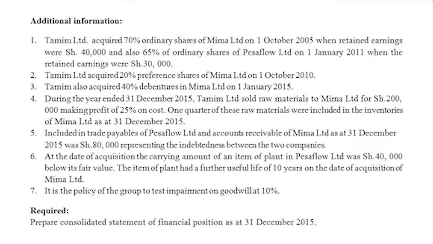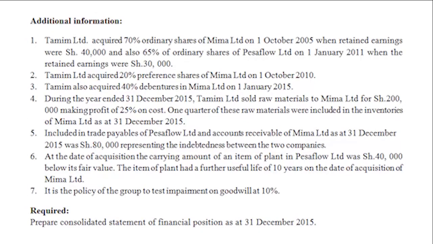Additional information. 1. Tamim Limited acquired 70% ordinary shares of Mima Limited on 1st October 2005, when the retained earnings was 40,000 shillings, and also 65% of ordinary shares of Pesaflow Limited on 1st January 2011, when the retained earnings was 30,000 shillings. 2. Tamim Limited acquired 20% preference shares of Mima Limited on 1st October 2010. 3.